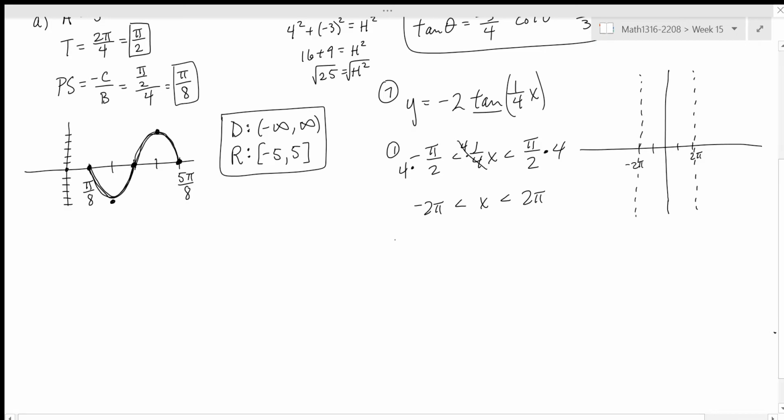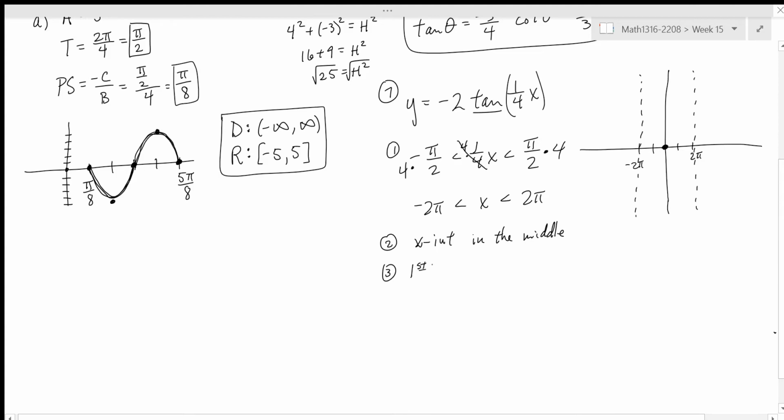Step number 1. Okay, step number 2. X-intercept in the middle. In the middle of those two asymptotes, we're going to have an x-intercept. Step number 3.